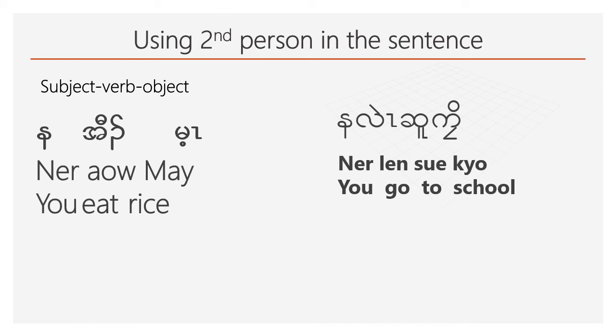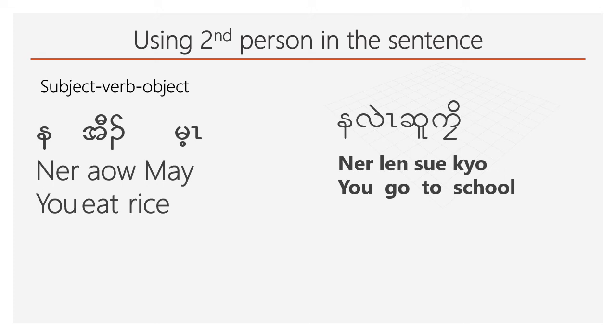And then the second person narrative in the sentence, you, means ne or me. You eat rice, ne or me. Ne le su jo. You go to school. As you can see, the subject, the verb, and the object are also similar to English.